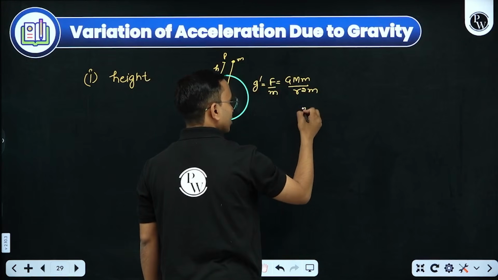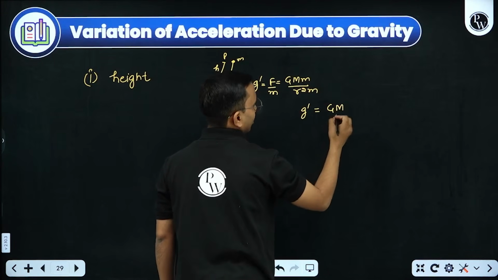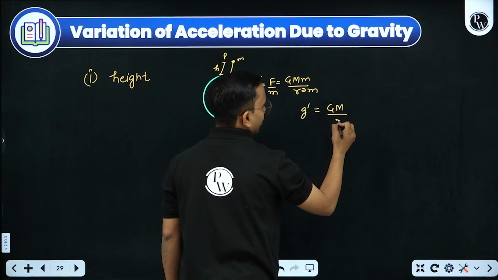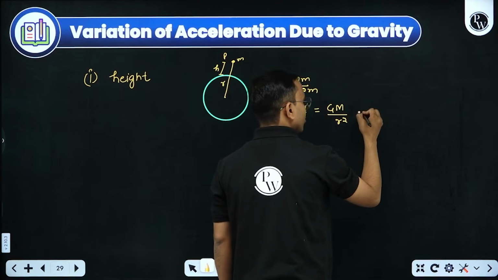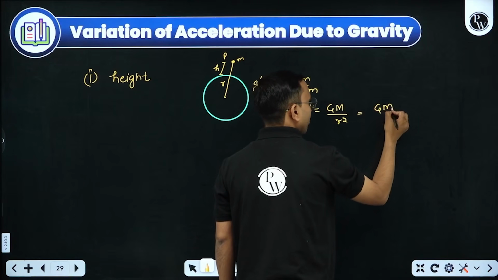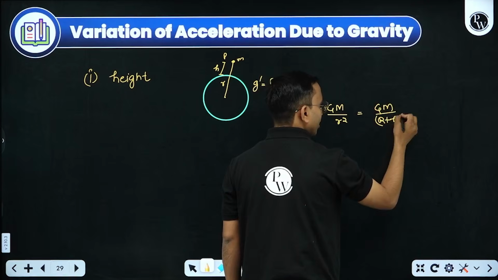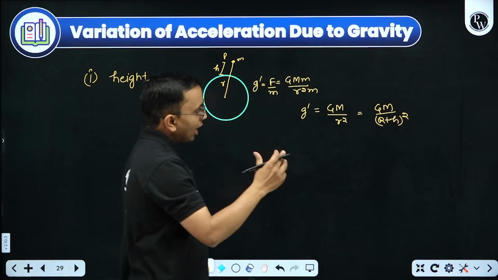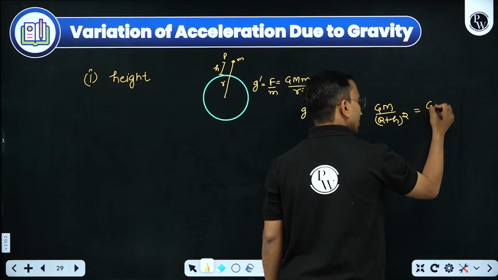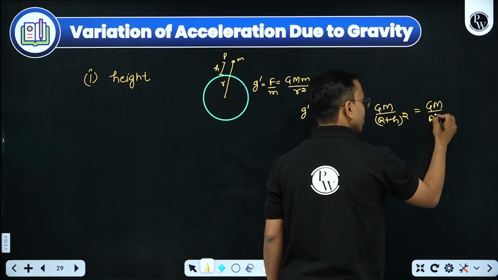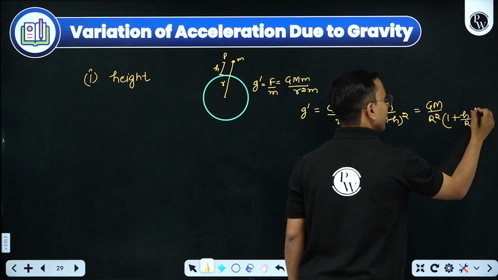So g' is basically G into m divided by r squared. If I write this formula in terms of height, this will become G m divided by (r plus h) squared. If I take r common from here, this will become G m by r squared into (1 plus h by r) squared.